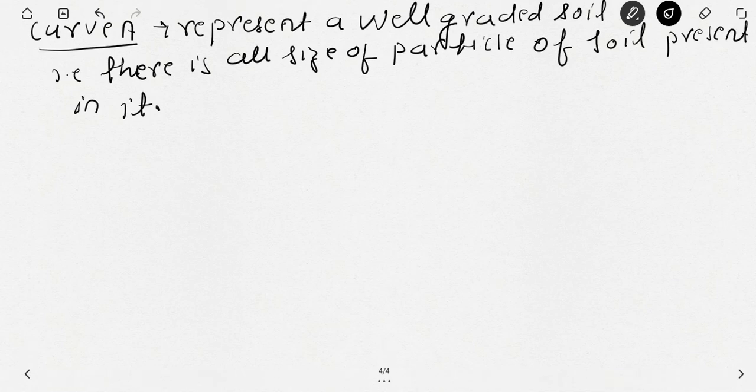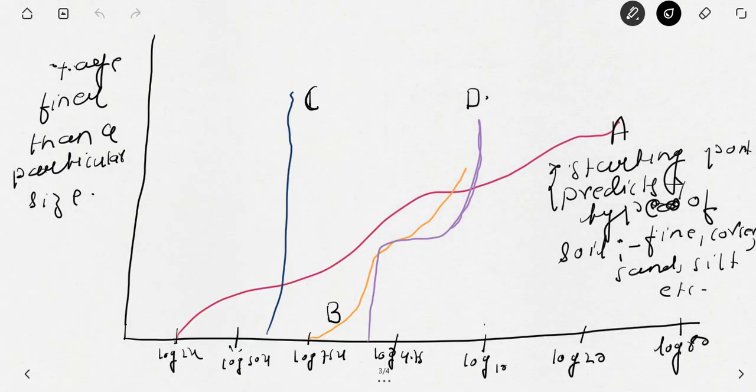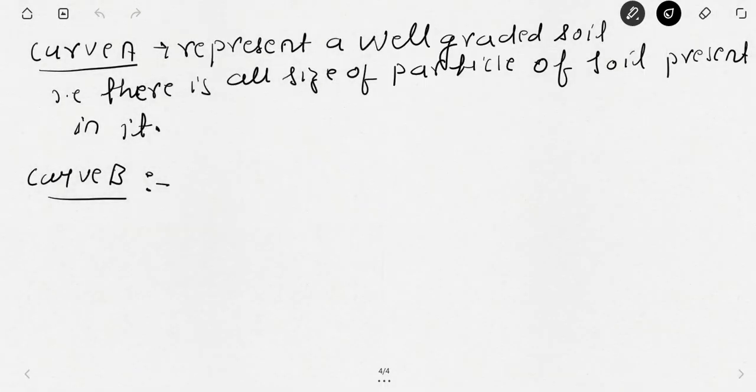Now what is curve B? Just look at curve B. It starts from 75 micron and ends just here. It means the maximum portion is missing, the maximum types of particle size are missing. So it can be considered poorly graded.